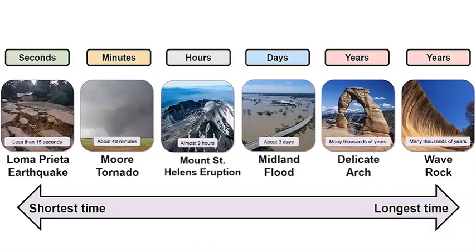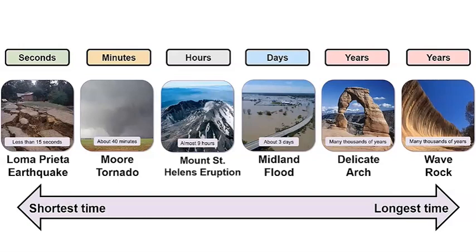We found out that some Earth events, such as an earthquake, tornado, volcanic eruption, or flood, can cause changes to land quickly. Other changes caused by wind and water take longer. In fact, some Earth changes have been happening for thousands of years and are still happening today, such as the formation of Delicate Arch and Wave Rock.